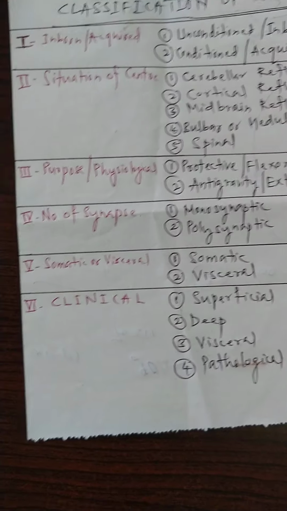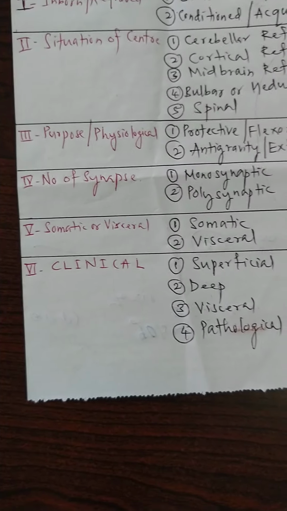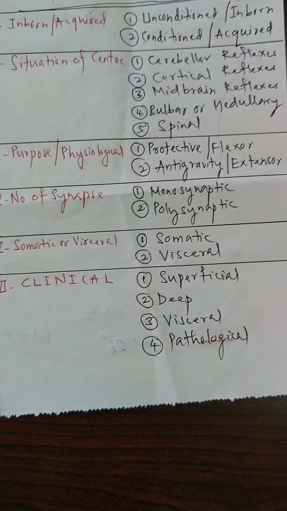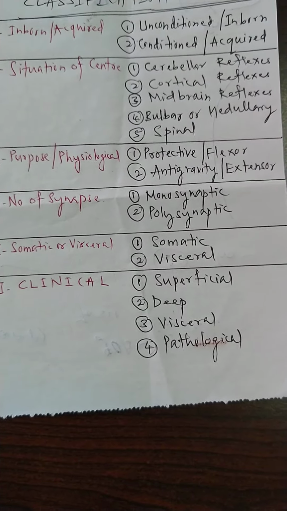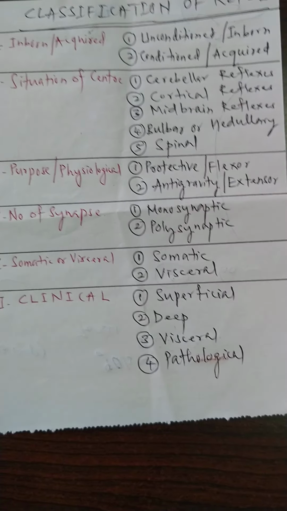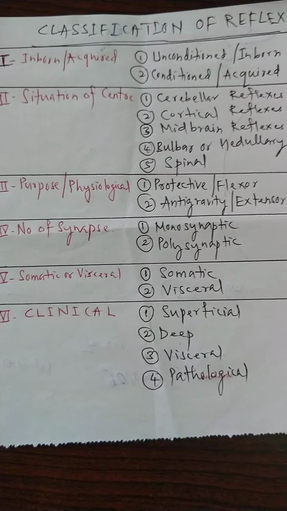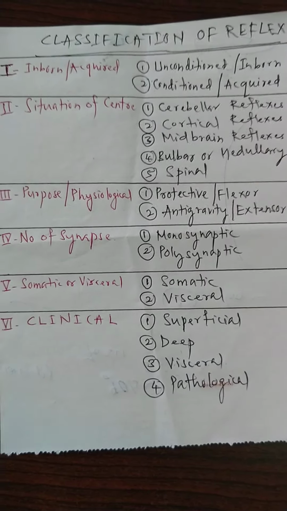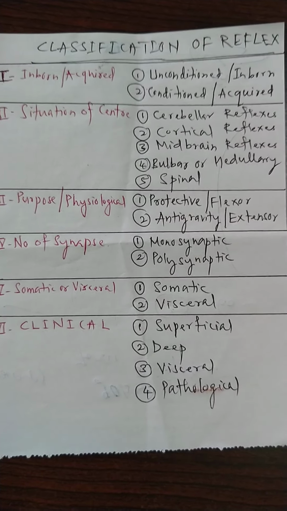Then the next classification is the clinical classification. According to this, there are four types of reflexes: superficial reflex, deep reflex, visceral reflex, and pathological reflex. Superficial reflexes are elicited from the surface of the body, like the skin and mucous membrane.